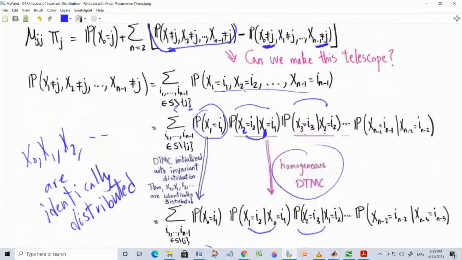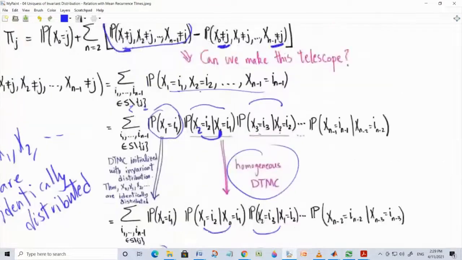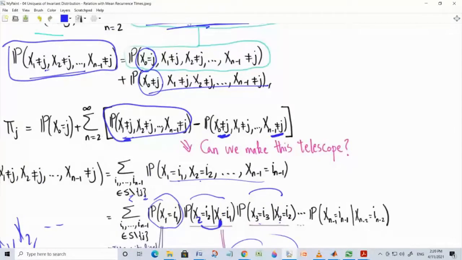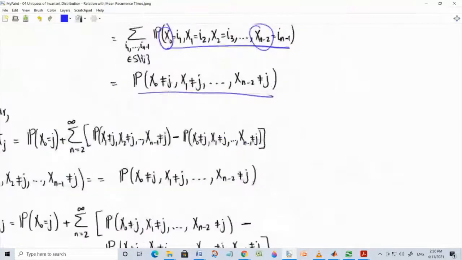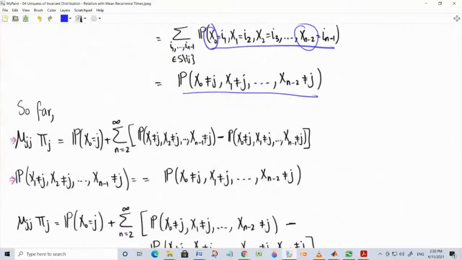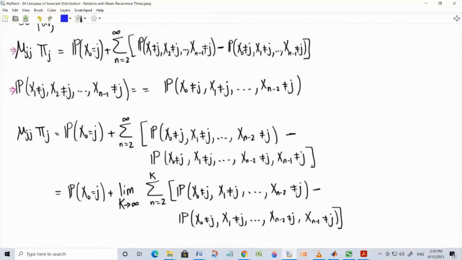So what did we do here? Rather than having a summation with x1 to xn minus 1, now we have a summation from x0 to xn minus 2. Okay, so we have this. So x0 is not equal to j, x1 is not equal to j, xn minus 2 is not equal to j.